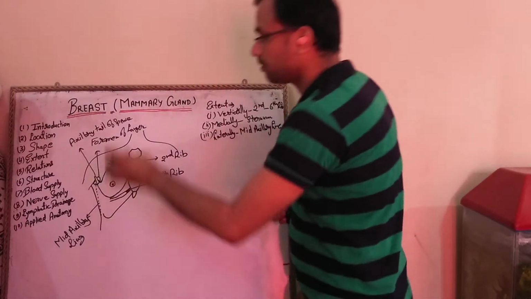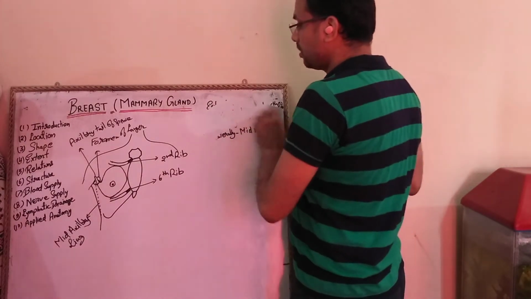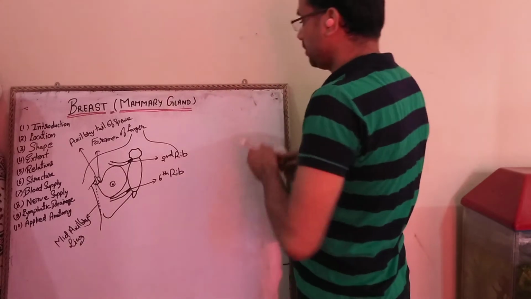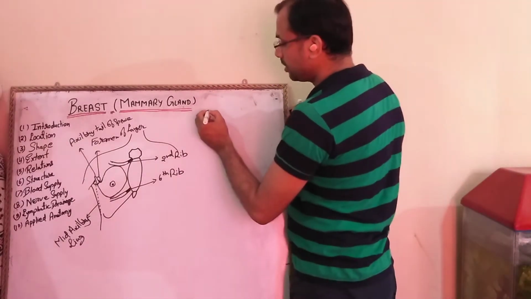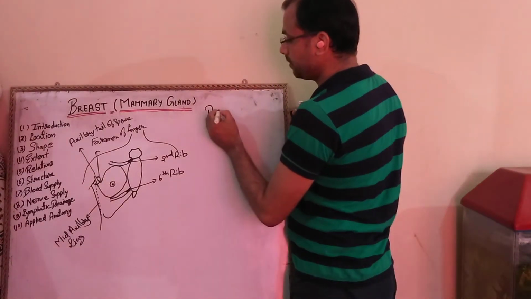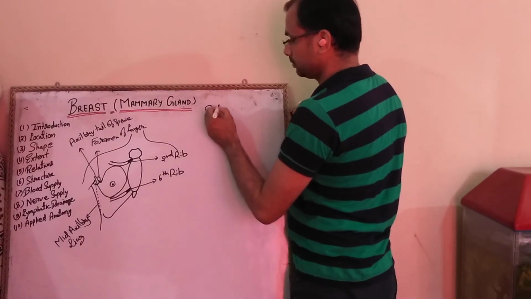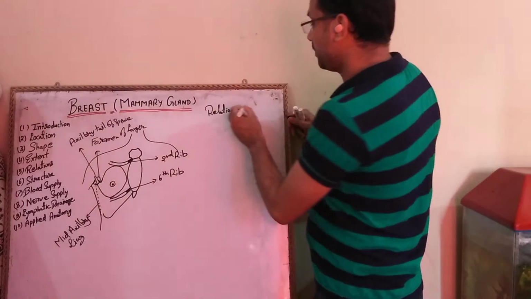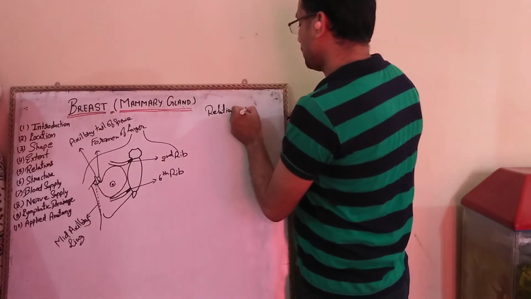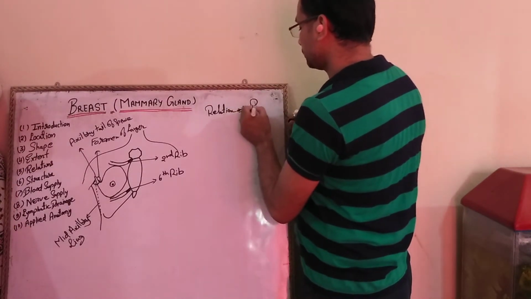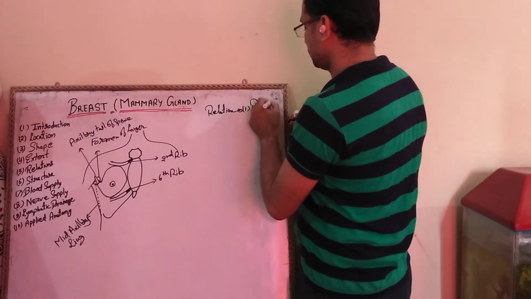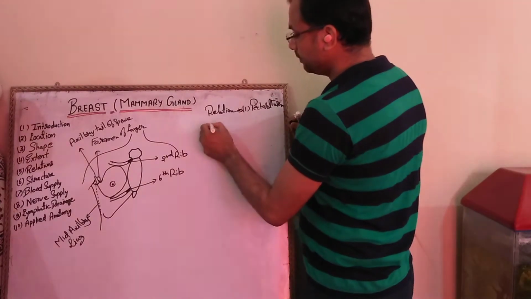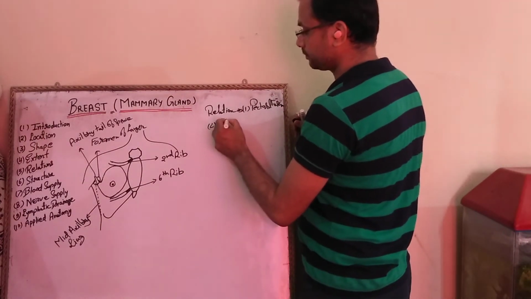Now we will discuss the relation of the breast. The breast is related deep to the pectoral fascia and three muscles.